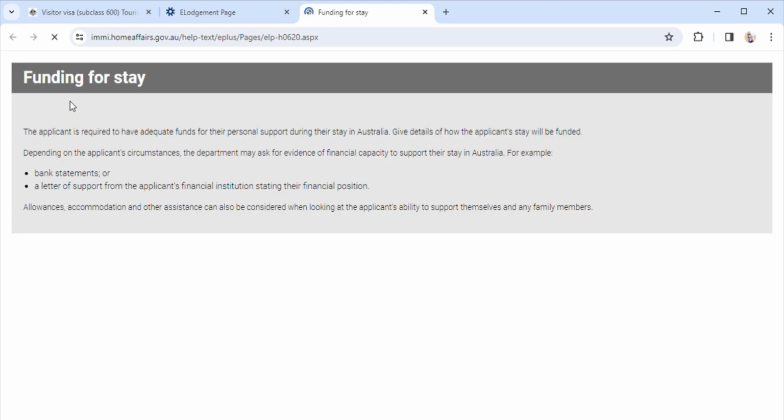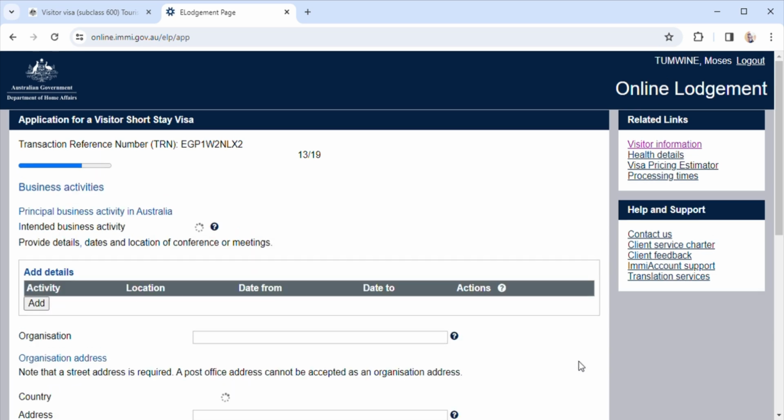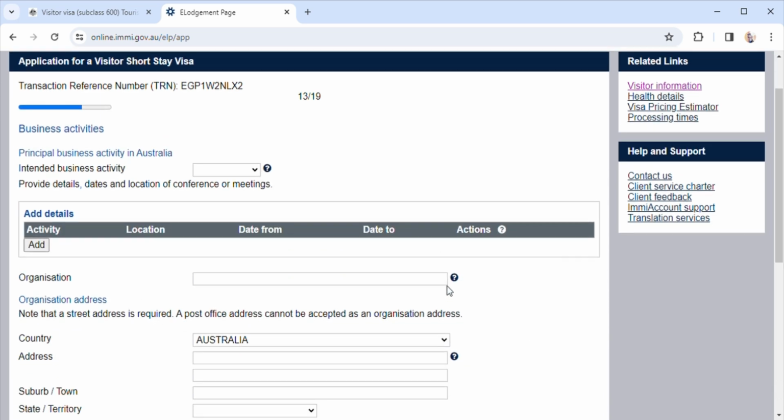So funding of stay, they are showing you what is required: bank statement, letter of support from the applicant's financial institution stating their financial. So you come here, guys. So I will just put this. So basically here they are okay.